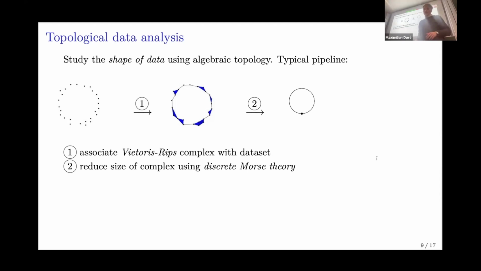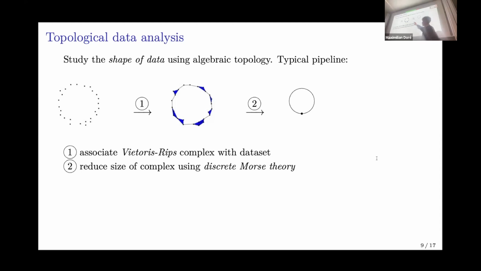Discrete Morse theory is the central method of TDA, which gives us a principled way of reducing the very large simplicial complex into something which gets at the core of the topological features we're interested in.